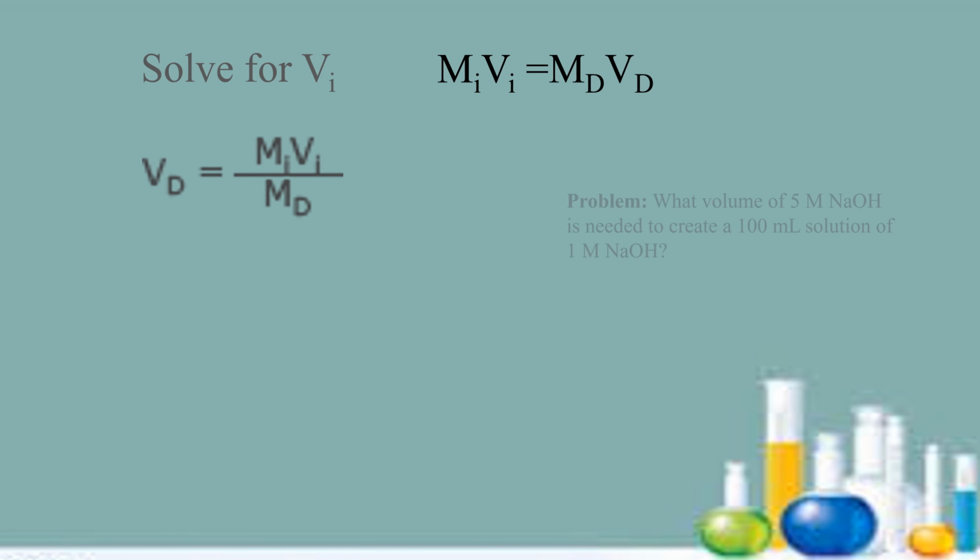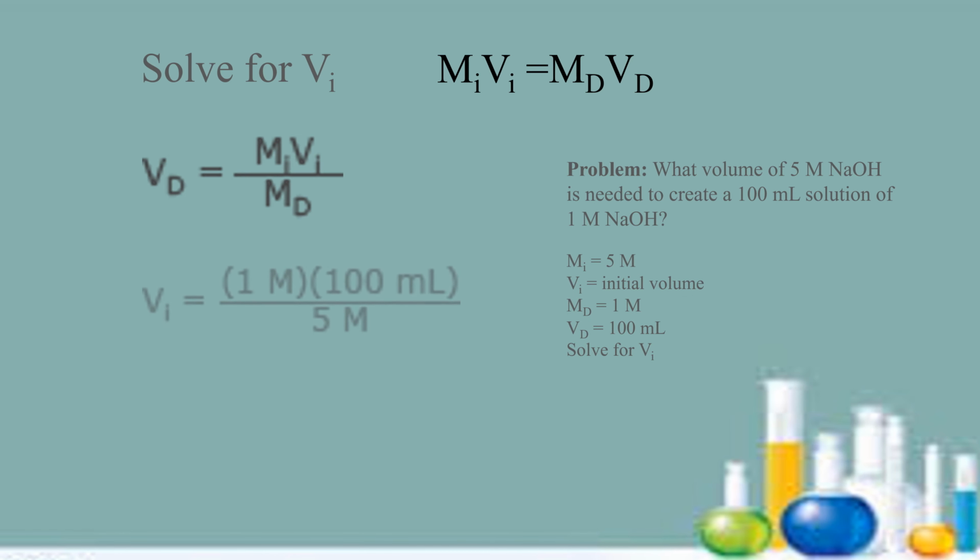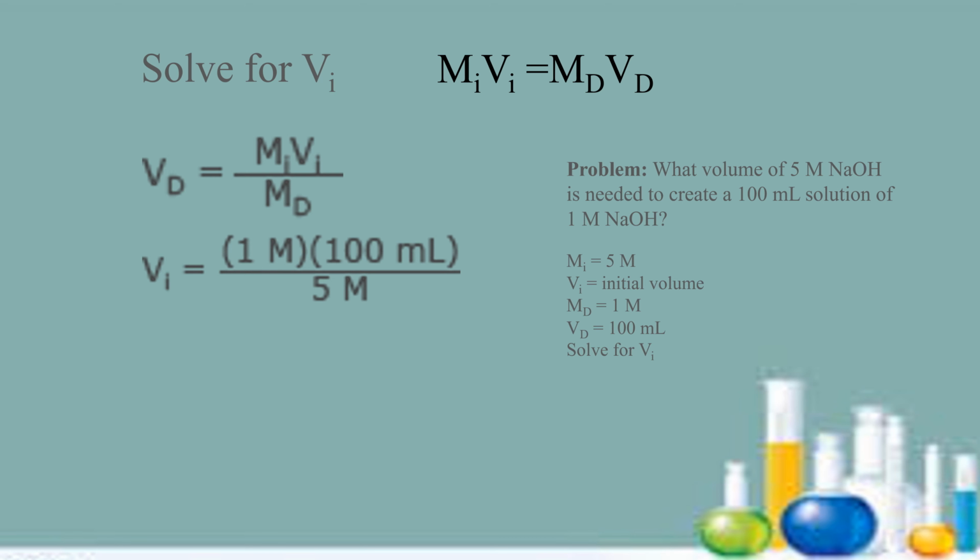We're going to rearrange our formula. The initial volume is equal to the final molarity times final volume divided by the initial molarity. Plug our values into our formula, and make sure our units are the same so they cancel. And we get an initial volume of 20 milliliters.